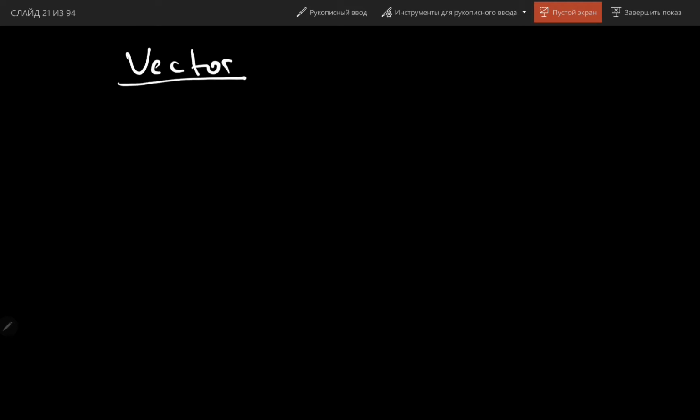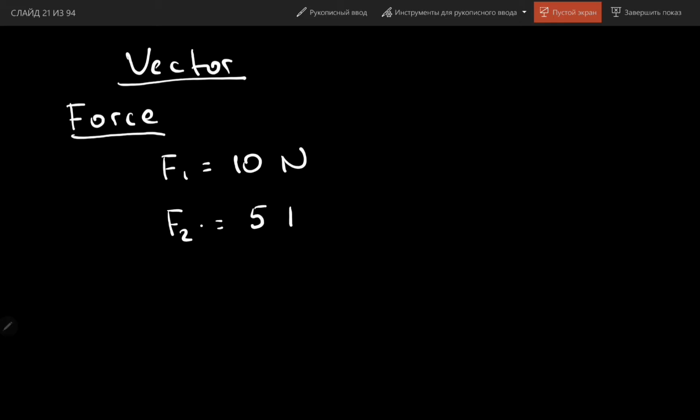Vector. As an example, let me choose force. You know what a force is. So again, let's give as an example two forces. F1, this is the first force, 10 newtons. And we have a second force, 5 newtons. For example, what will be the resultant force, or what will be the summation, addition of these two forces?